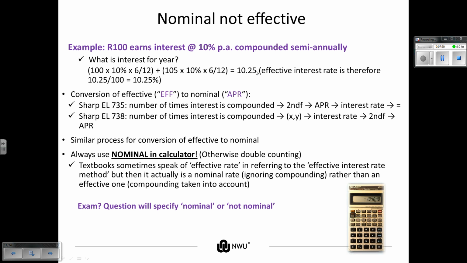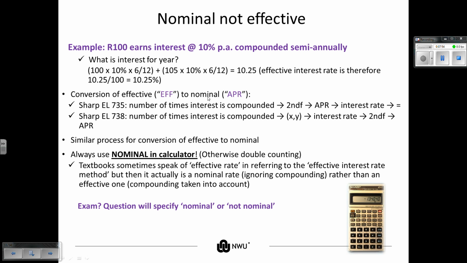If I want to calculate the nominal interest rate, I will actually have to say the number of times interest is compounded, so 2 times during the year, second function, and this APR you will find on your financial calculator. Press that, put in your interest rate, the 10.25, and I'm sure you will get to the 10%.